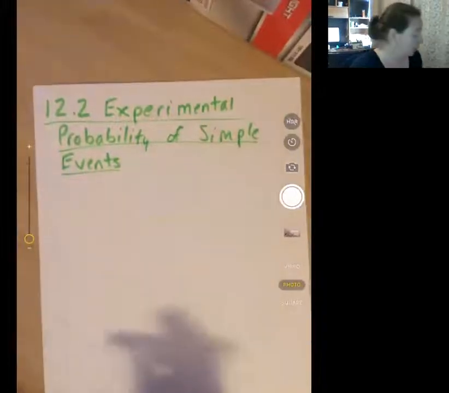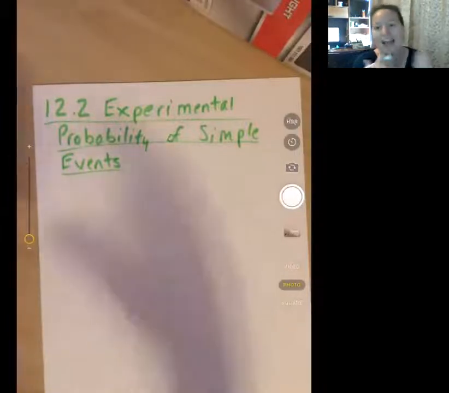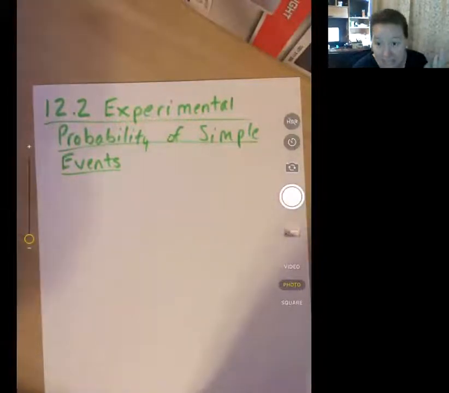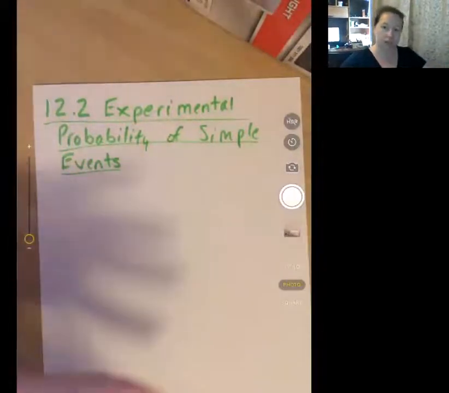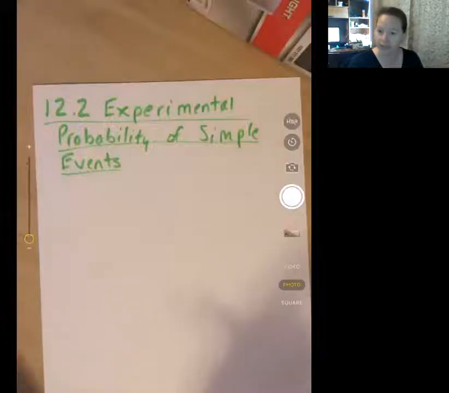That's fine. Okay, so when we're talking about experimental probability, we're talking about how likely is it that something is going to happen. We'll end up in a situation like this. You know, dice. Think of your little die. It has 6 sides.